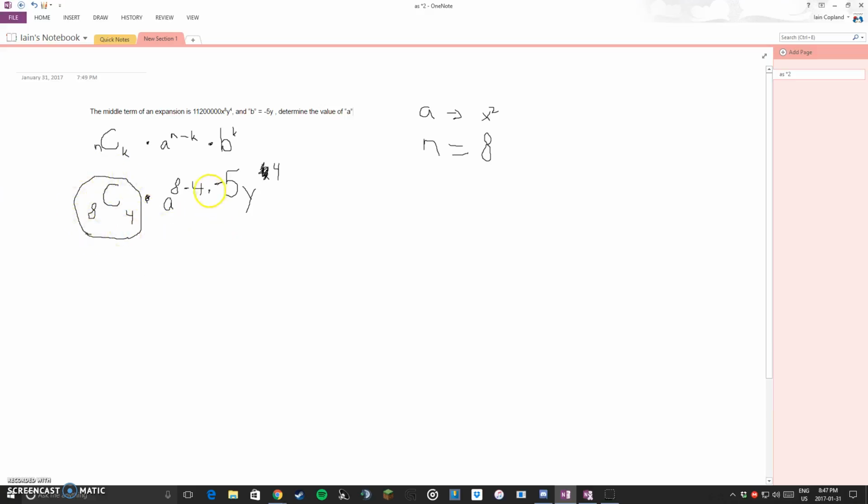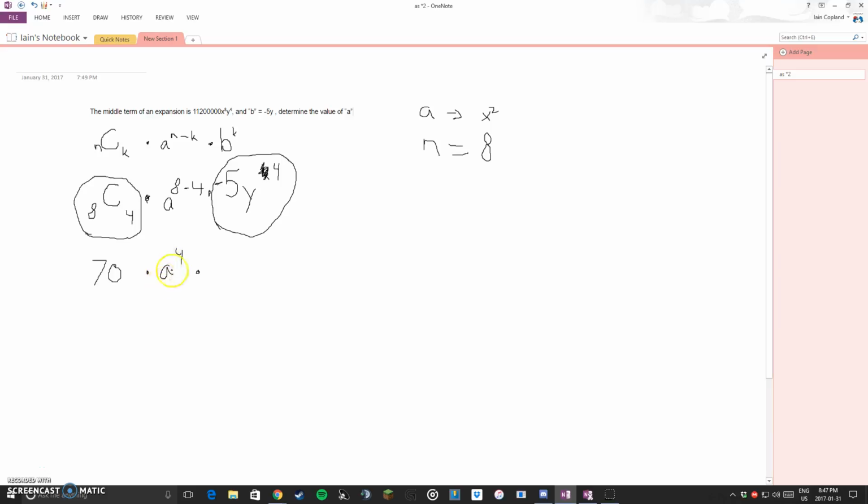So then, we can solve for actual values for both this and our b term. Now, I've already done it beforehand, but if you want to pause the video for a second and just do that quickly on your calculator, it might help out. However, 8 choose 4 is equal to 70 times a to the 4.